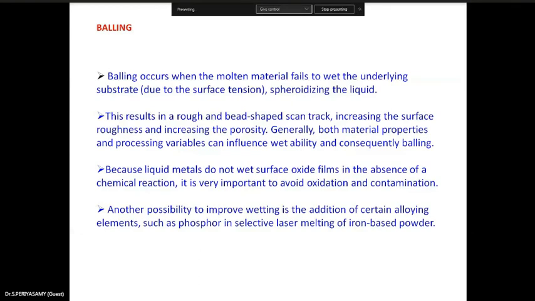You also have another particle size, and whether it is uniform or not. As the spacing is increased, lines of porosity or unmelted powder form will be there.